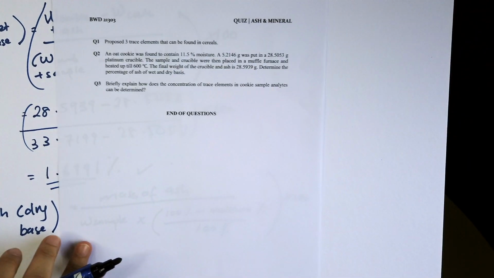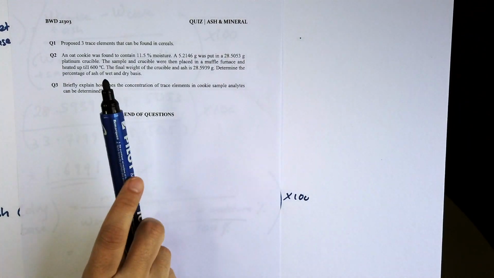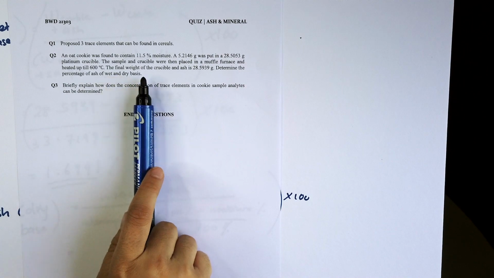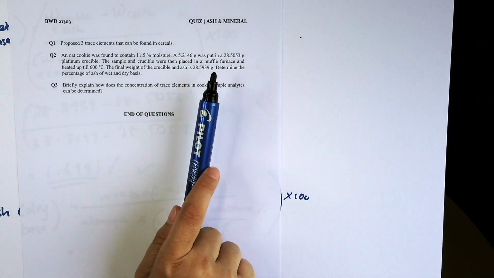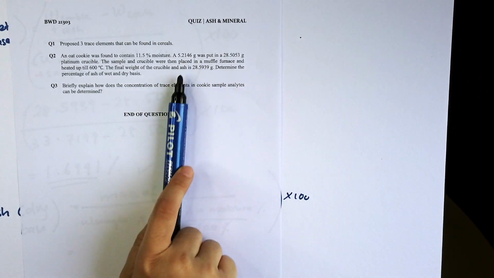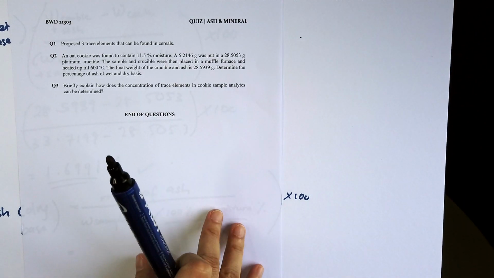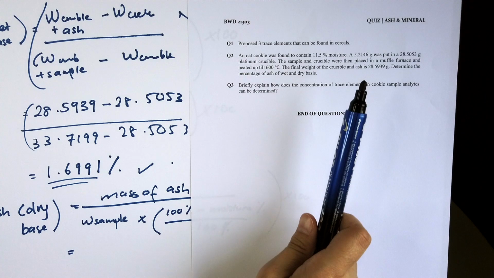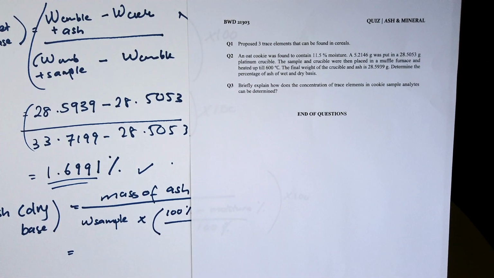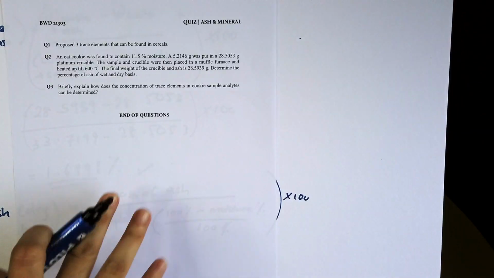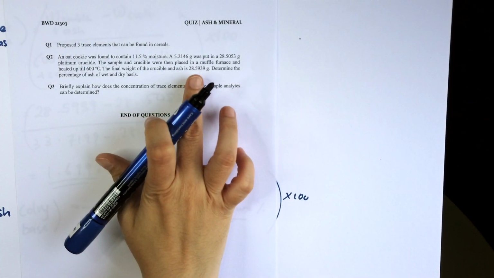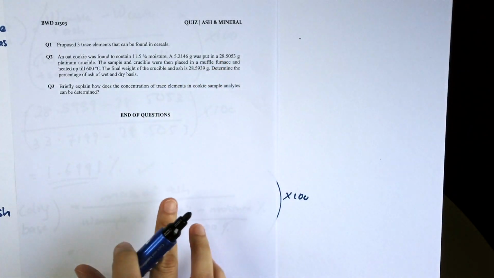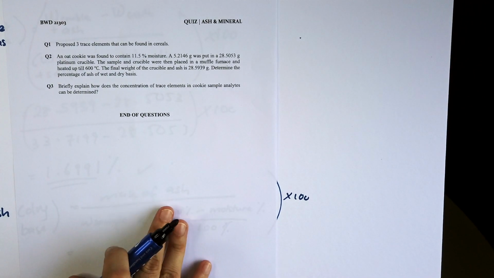What is the mass of ash? Here, the final weight of the crucible and ash is 28.5939. You need to minus the mass of the crucible: 28.5939 minus 28.5053.